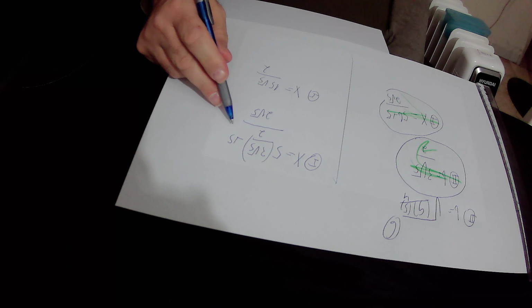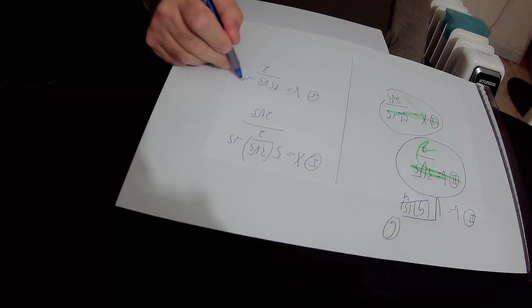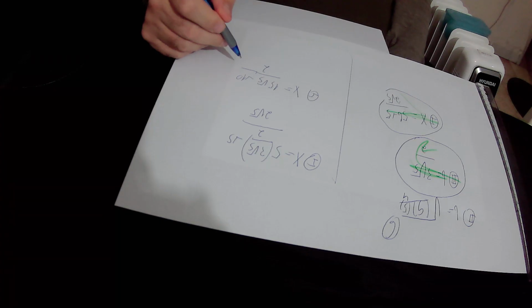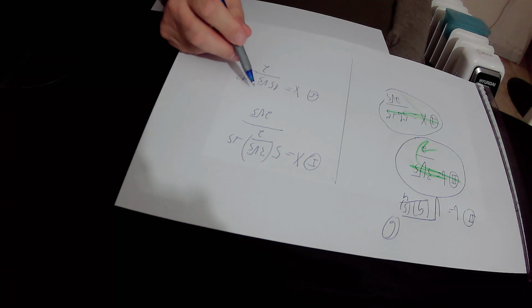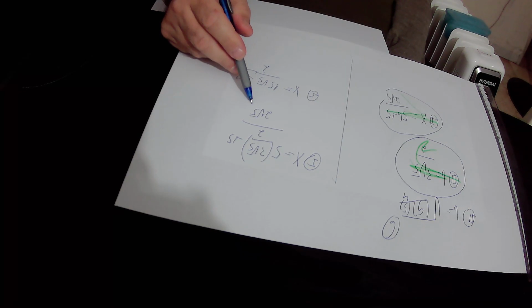Here we multiply 5 by 2 and then we divide by 2. So 5 times 2 is 10 over 2. Here we move 2 times square root of 5 to the denominator.